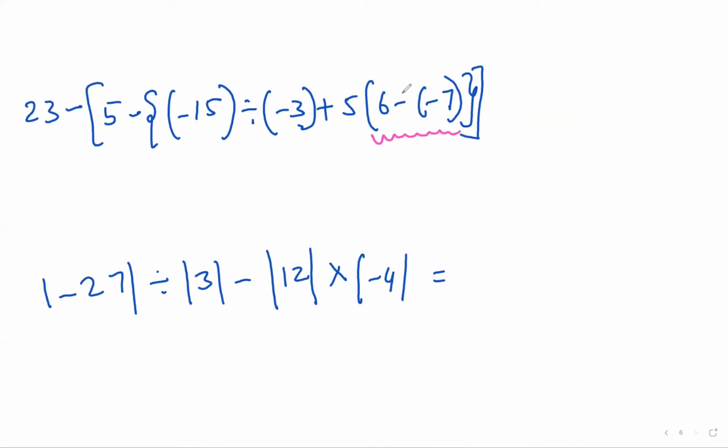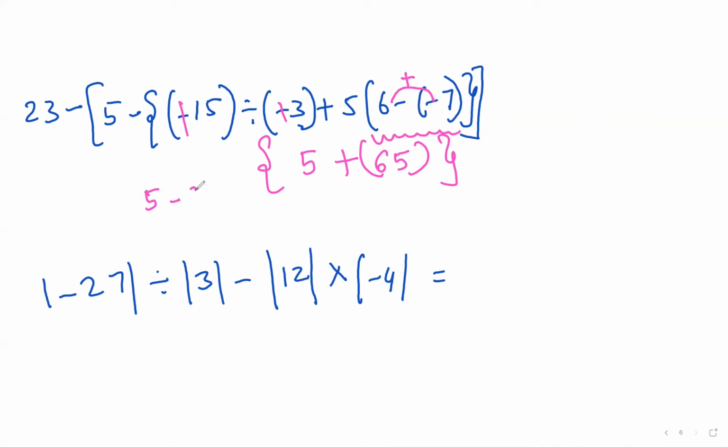So here minus minus becomes plus. So 6 plus 7 is 13, multiplied by 5 is 65, right? This is my innermost bracket being solved. Post that we will do division first. So minus cut, 15 divided by 3 is 5. Now I will solve this whole bracket. So 5 plus 65 is 70.